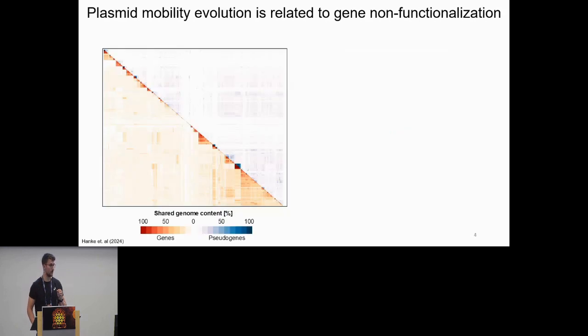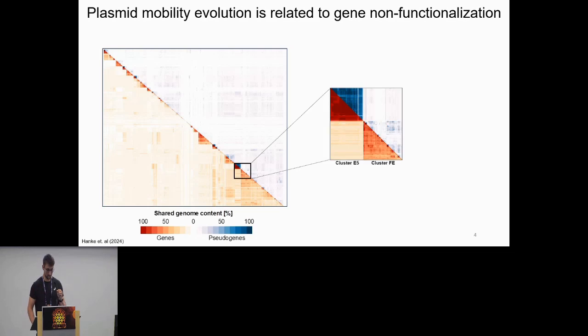And to determine specific plasmid lineages, we have been calculating the pairwise shared gene content among plasmids, and darkly colored rectangles in this matrix here represent related plasmids with a high shared gene and pseudogene content. We have been analyzing adjacently located plasmid clusters in this matrix that have diverged, but likely share an evolutionary trajectory based on their shared gene content.